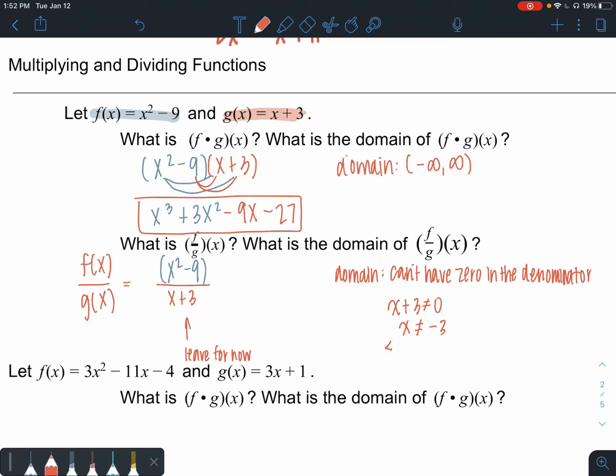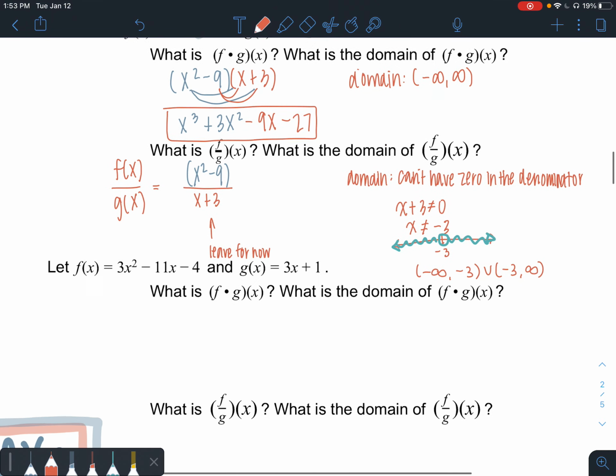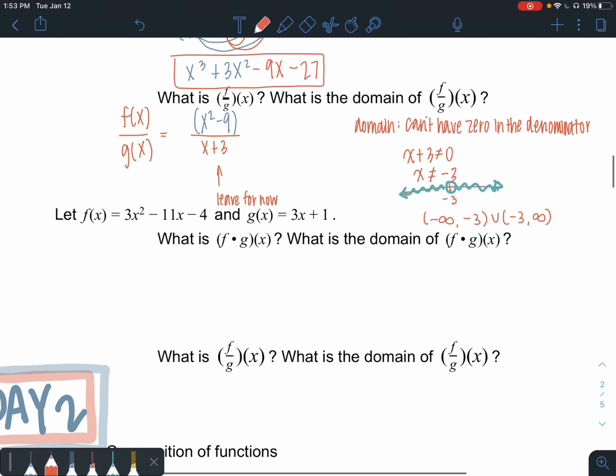Right, if I were to draw a number line like this, put negative 3 on it, I can't have it be negative 3, but I can have it be everything else on the line. So we're going to write our answer as negative infinity to negative 3, and then negative 3 to infinity. Okay. Go ahead and try this next one on your own.